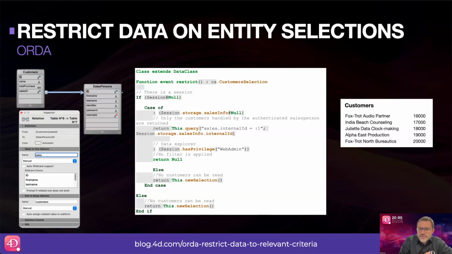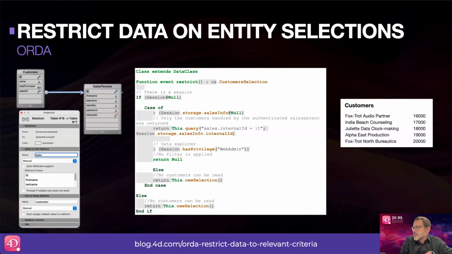So this is very interesting if you don't want to only restrict some attributes with REST, for example. This allows you to really protect data based on who is accessing it.